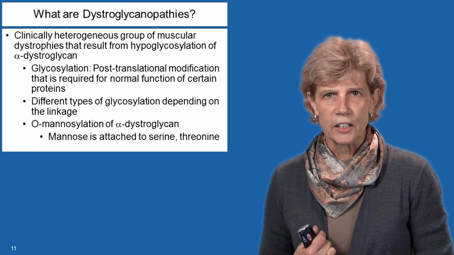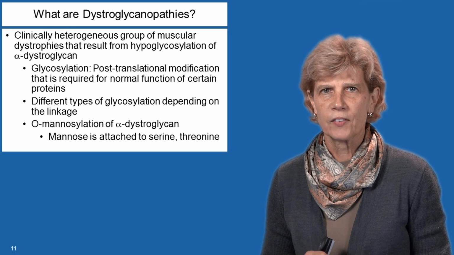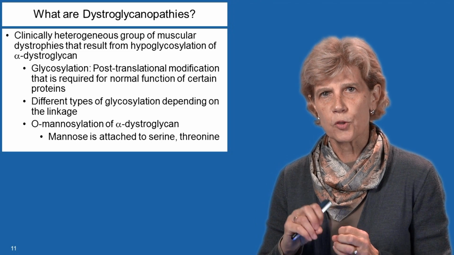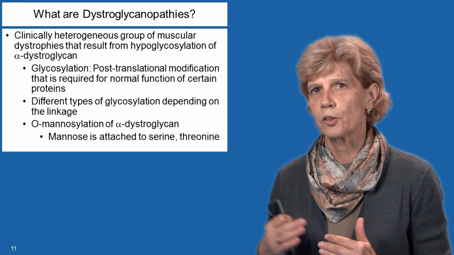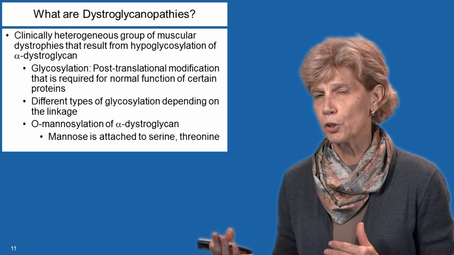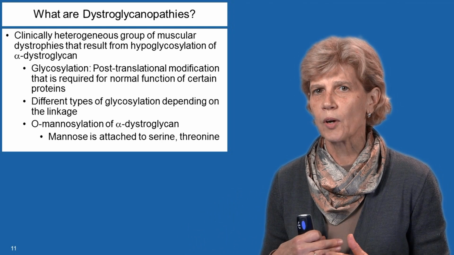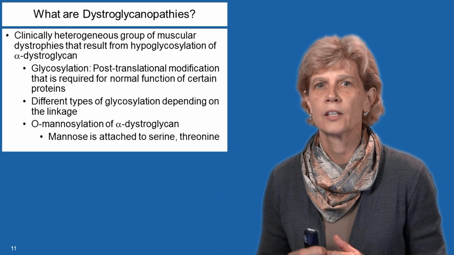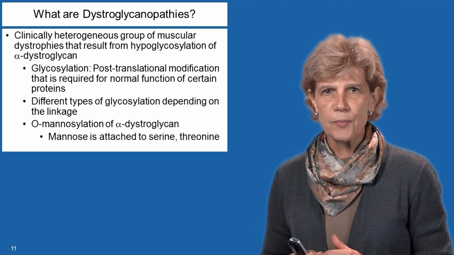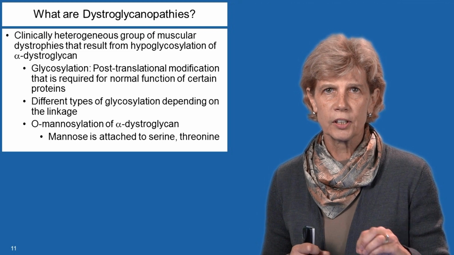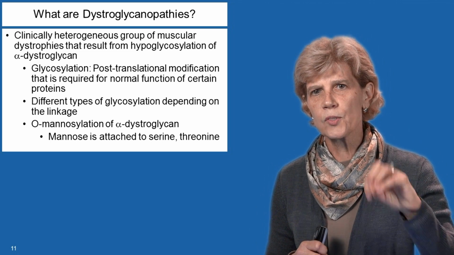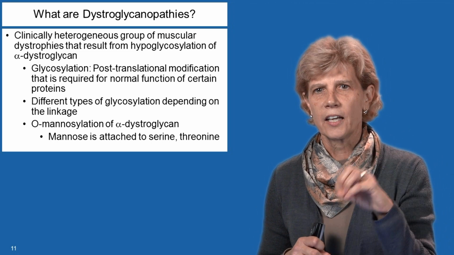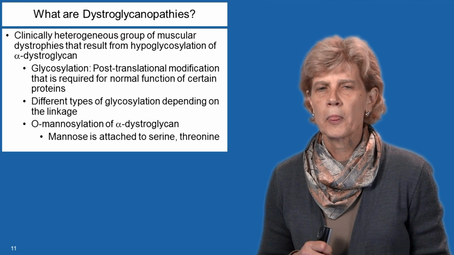So what is glycosylation? It's a post-translational modification that is required for some proteins to work normally. And I think you're going to hear in much greater detail in a future lecture about glycosylation, so I won't dwell on this topic. There are different types of glycosylation, and what we are talking about today is the connection of a mannose onto alpha-dystroglycan at a serine or threonine residue.